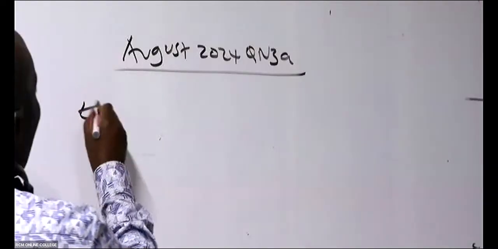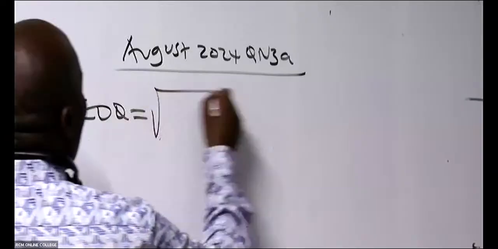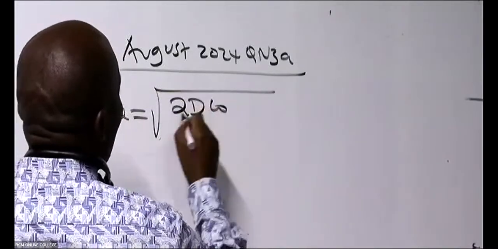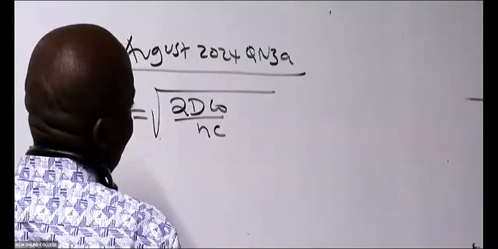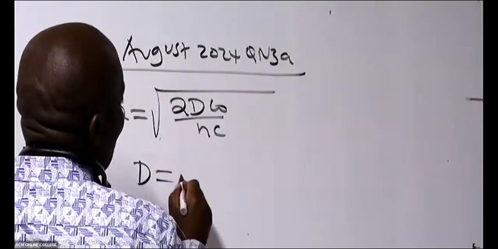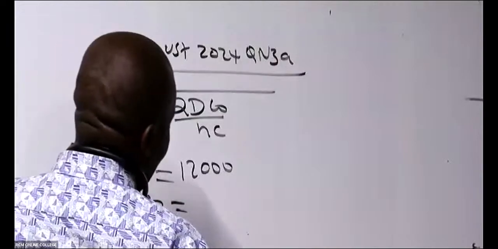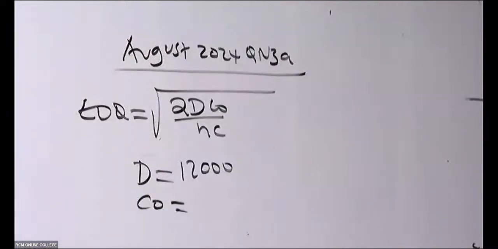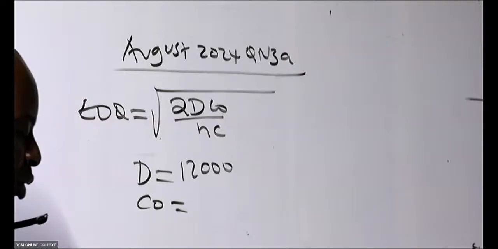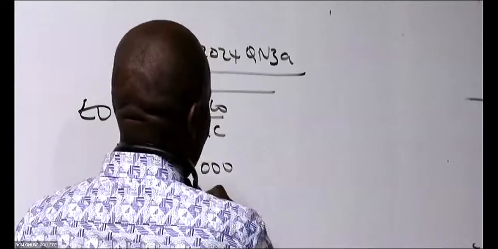So, ladies and gentlemen, our economic order quantity will be the square root of 2DCO all over HC. The annual demand, you told me the annual demand is 12,000. This examiner has given us the cost per order. He has told us that from note number 4, each purchase order incurs fixed acquisition cost of 1,200 per order.